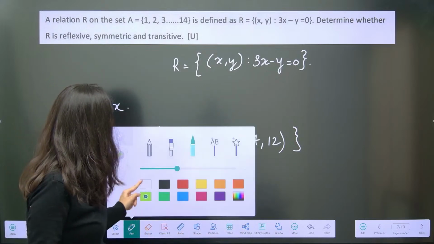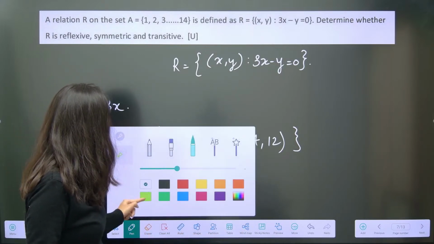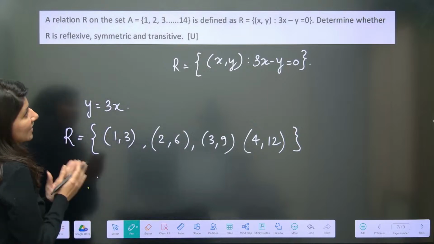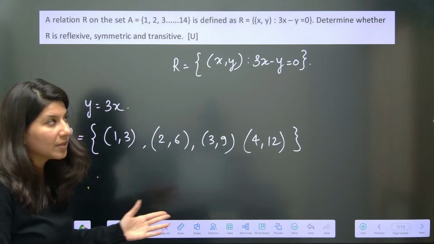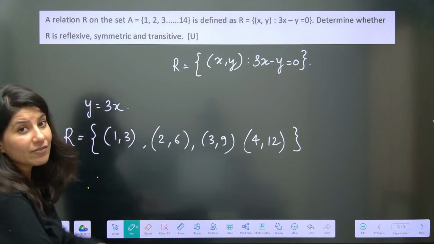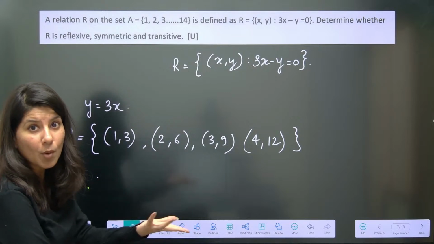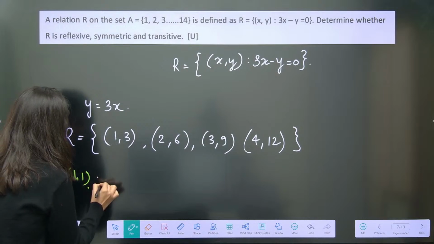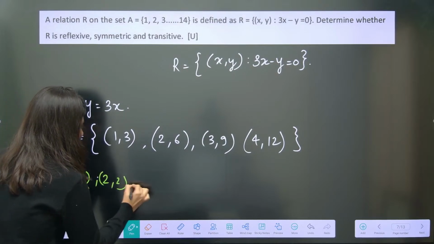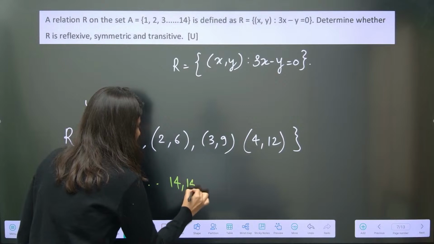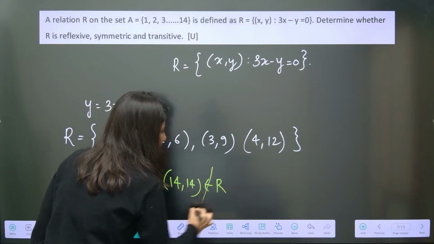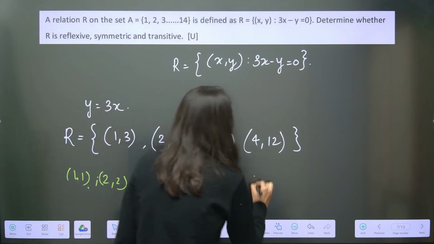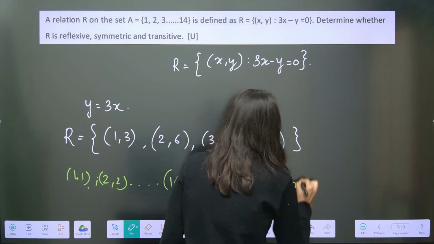Now this question has become pretty simple. Is this a reflexive relation? For a relation to be reflexive, there should be 1 comma 1, 2 comma 2, all the way up to 14 comma 14. Clearly these do not belong to my relation R. This implies that R is not reflexive, guys.